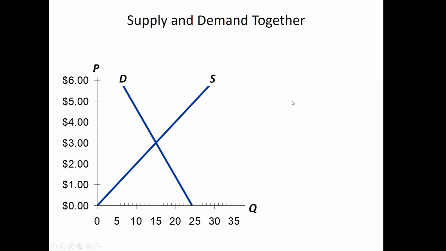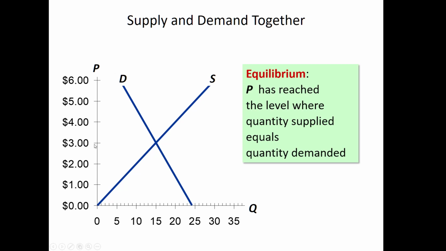Now let's talk about the equilibrium price. After all, we don't see a range of prices in the market. We see one price in the market. How does this price come about? Well, the price that we actually see in the market is called the equilibrium price. A price that has reached the level where quantity supplied equals quantity demanded.